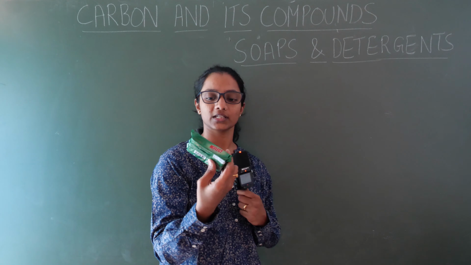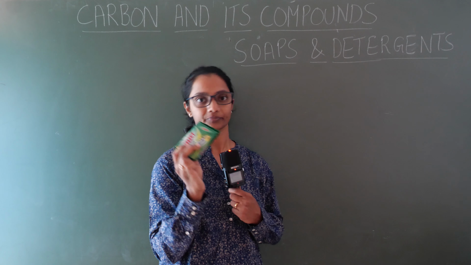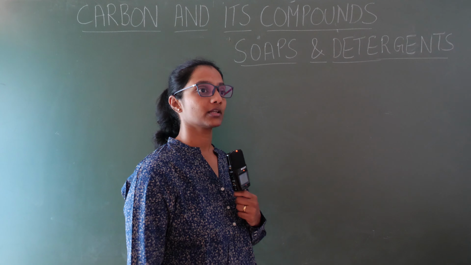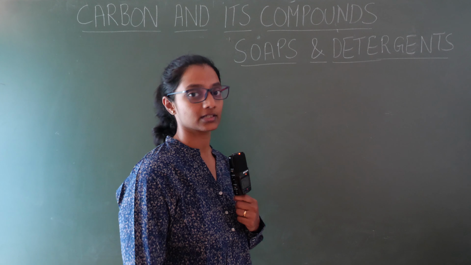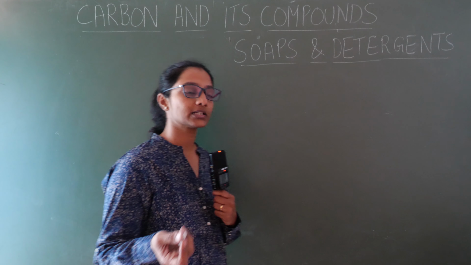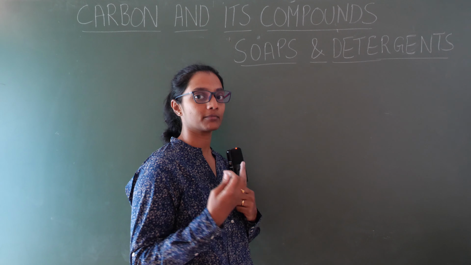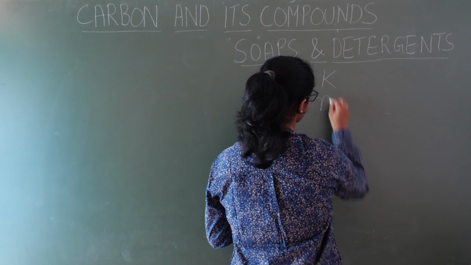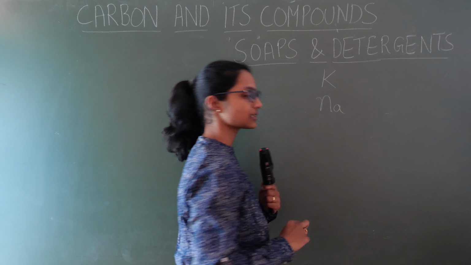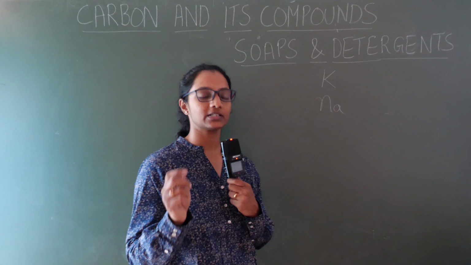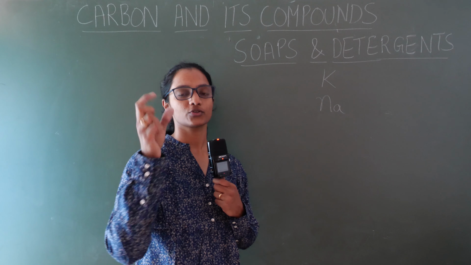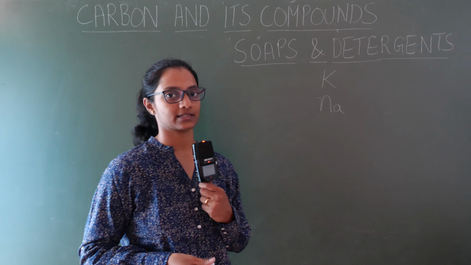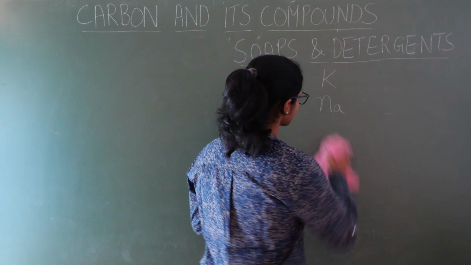Most of the soaps that we see have a picture of lime on them, because it helps in cleaning. Lemon has potassium in it. So soaps have molecules of sodium or potassium salts of long chain carboxylic acids. Now what happens?